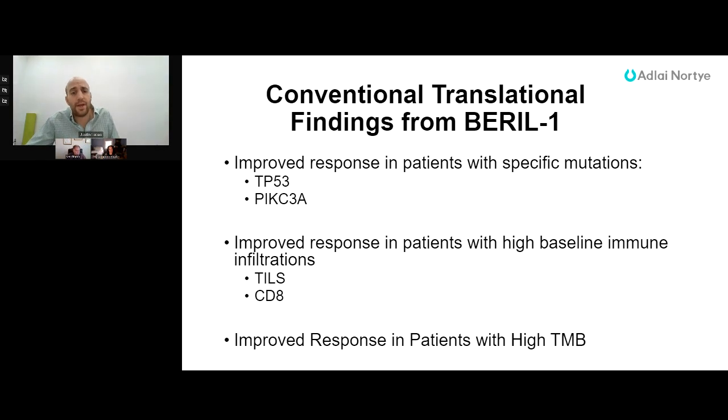We also found that high tumor mutation burden, which is basically an indicator that there's some sort of immune component, showed a strong outcome with therapy. So these were the main findings from the original analysis with the traditional biomarkers. So we wanted to understand, if we looked at the H&E and allowed the algorithm and the computer to provide novel insights based off of the H&E and the morphology of the tumor, what we would actually be able to learn.